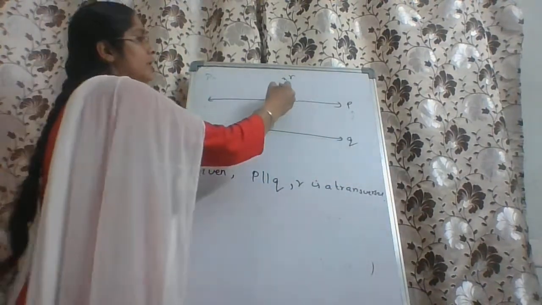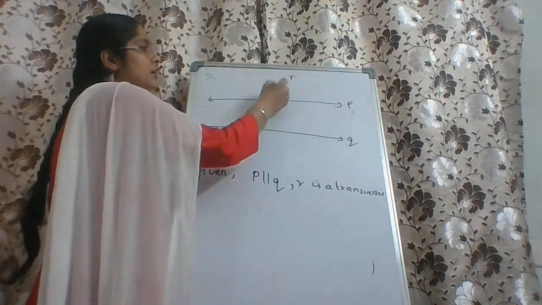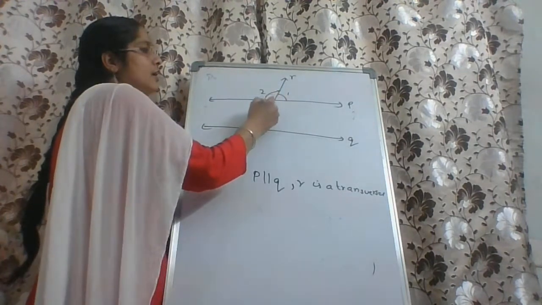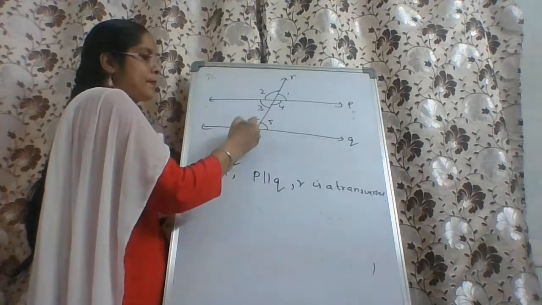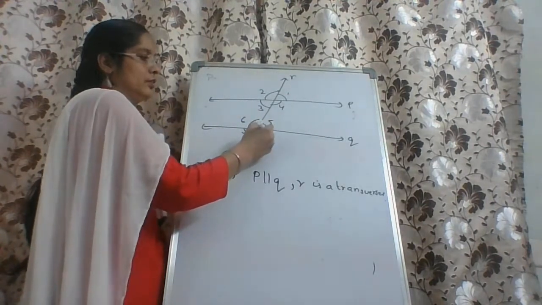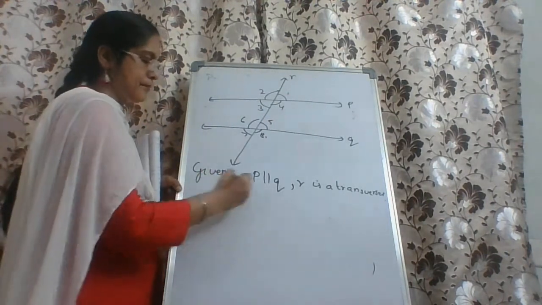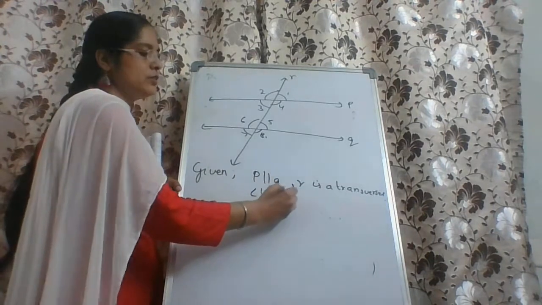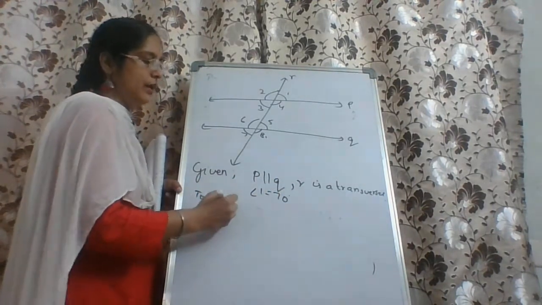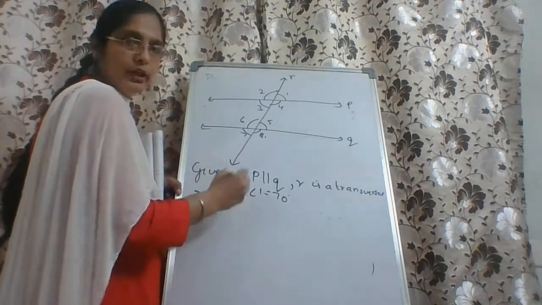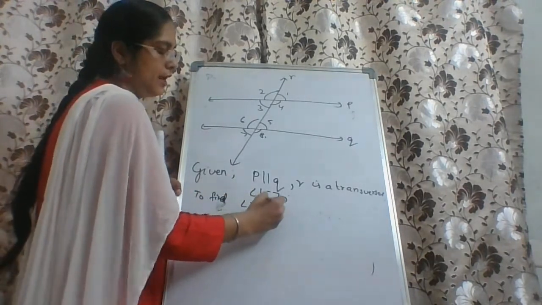We are also given that angle 1 here is 70 degrees. We have to find the value of other angles. Angle 1 equal to 70 degrees. What we have to find is angle 2, 3, 4, 5, 6, 7, 8.